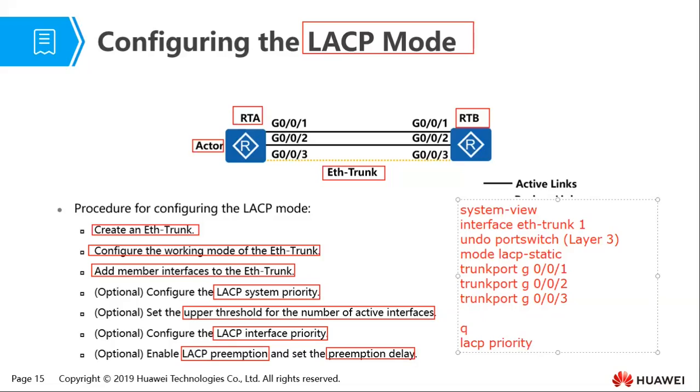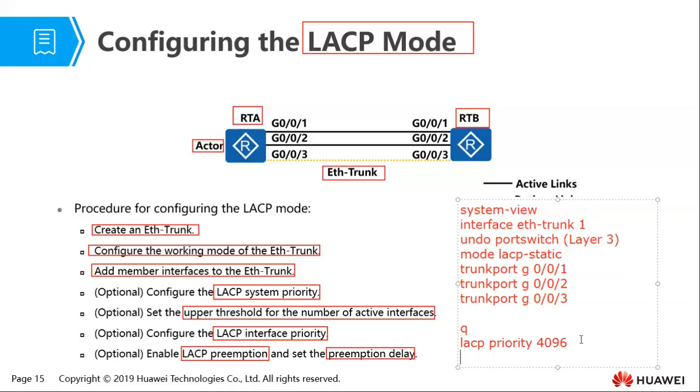Then you enter a certain value, for example, 4096. If you remember, when we learned about the system priority in HCIA, we said that the system priority has to be configured in multiples of 4096. So when you do that, then RTA will have the lower system priority value, and therefore will be elected as the actor.